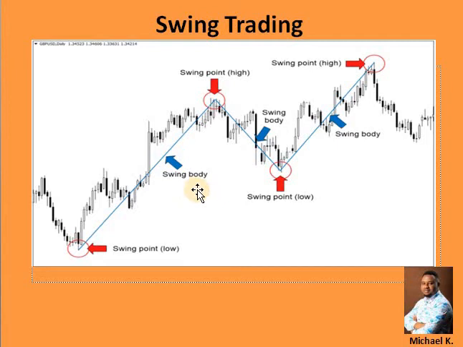So what a swing trader does is that he tries to, let's say he wants to go long on this trade. He tries to make entries around this major swing. It may not necessarily be at the swing point, but somewhere close to the swing low, in order to trade it all the way to the swing high.